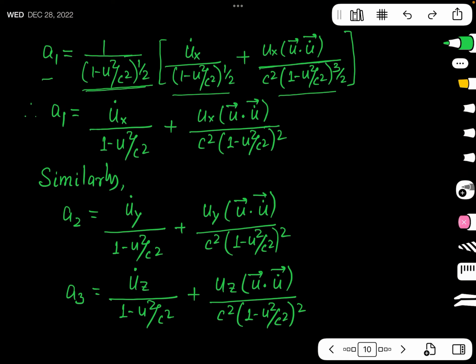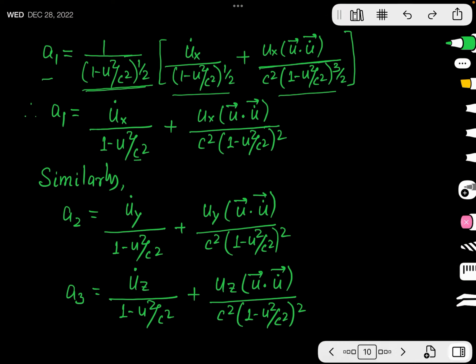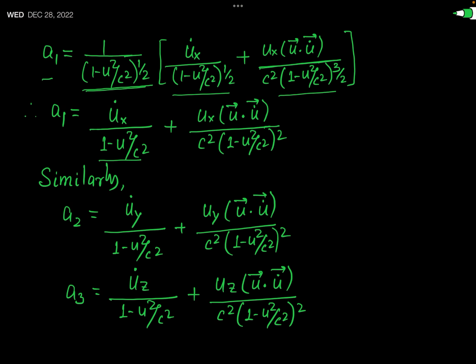So see here, a1 will be equal to ux dot over 1 minus u square by c square plus ux times u vector dot u dot vector over c square times (1 minus u square by c square) whole square. When you multiply by this factor, this will be your result.